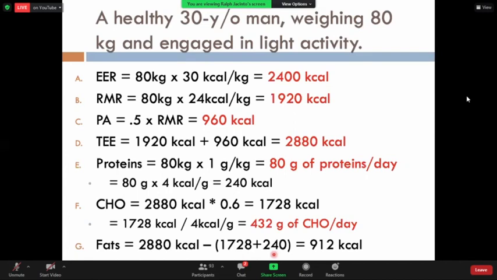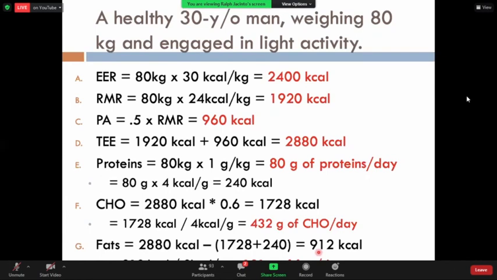Okay, did you get the same answer? Yes. So this one is provided by carbohydrates, this one by proteins, and this one will be the calories provided by the fats. So 832. And then in order to get the weight of that, you divide it by 9 kilocalories per gram.